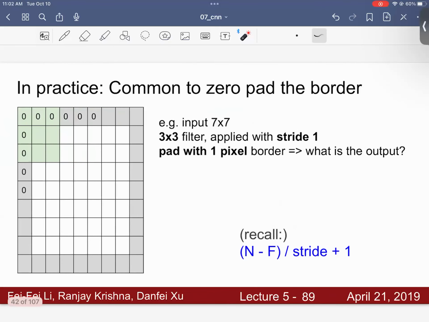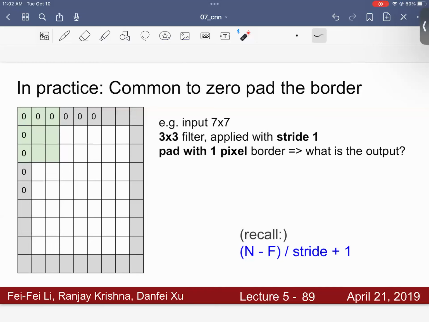So if you don't like your output size always being smaller than your input size when you're using a 3 by 3 filter, even with stride 1, what you can do is use padding. This is your original 7 by 7 image, and you surround your input image with zeros, so that your input is now 9 by 9, not 7 by 7.